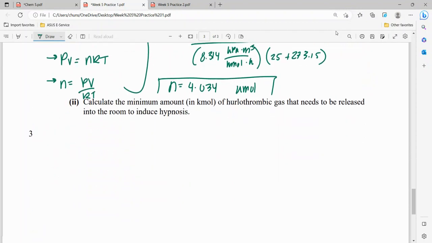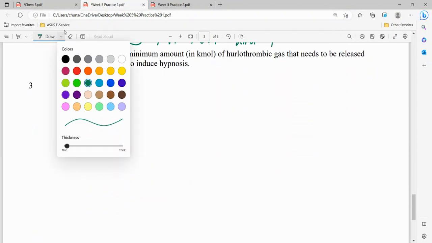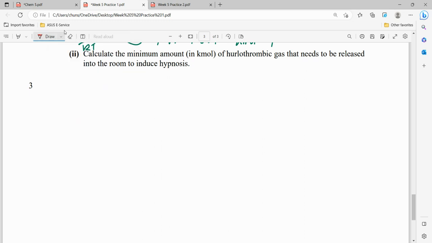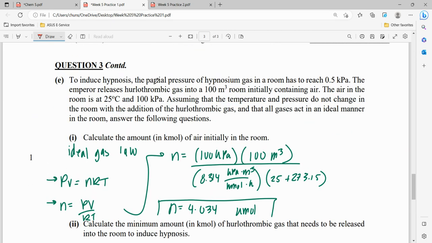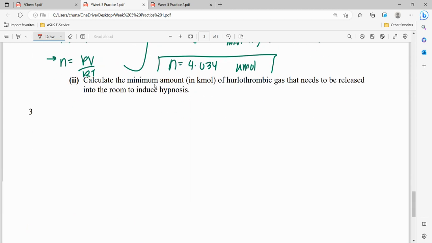And in part 2, we want to find the minimum amount of hurlothrombic gas that must be released to induce hypnosis. So we're given the amount of hypnosium that we need, right? And we need that to be 0.5 kPa as a partial pressure.